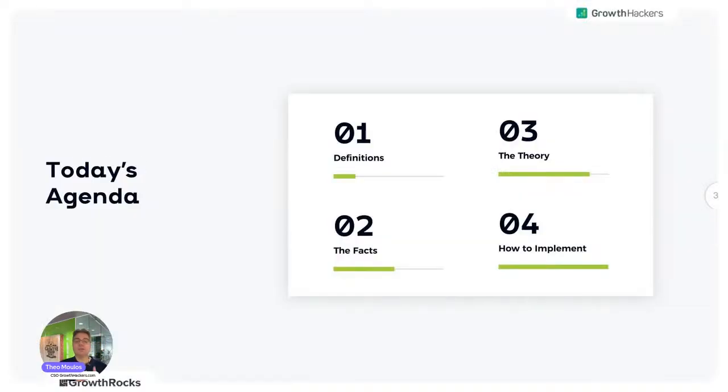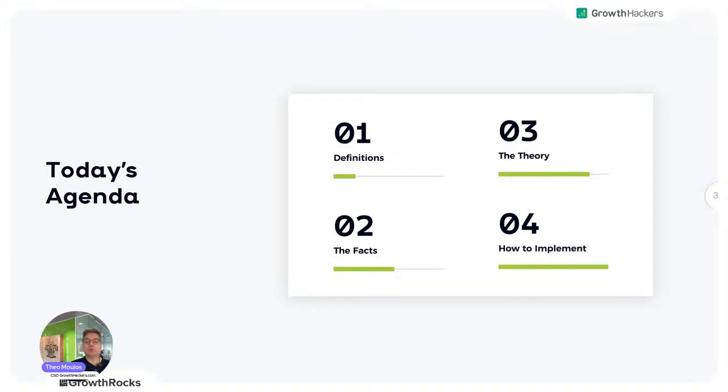So today we will go through the definitions, and we will go through the theory, because it's very important to understand the scientific background and foundation of micro-monopoly. Then what are some facts that are pushing us towards that? And the most important fact, even those things that were presented yesterday by Google, is a great proof that micro-monopoly is what we need.